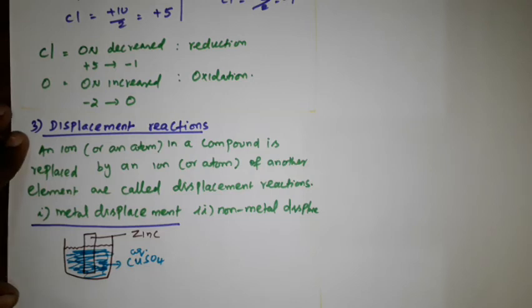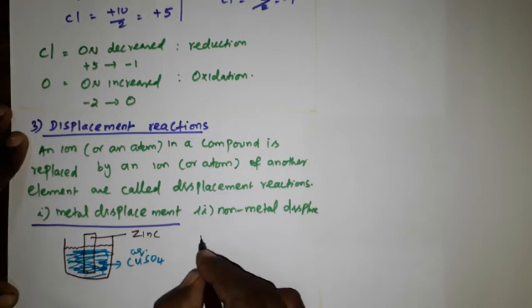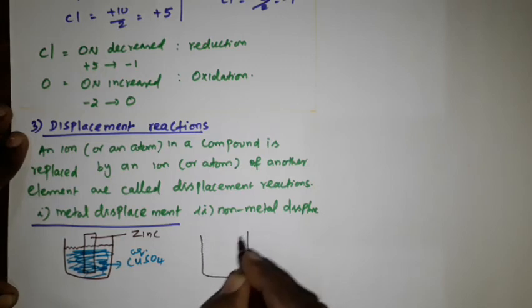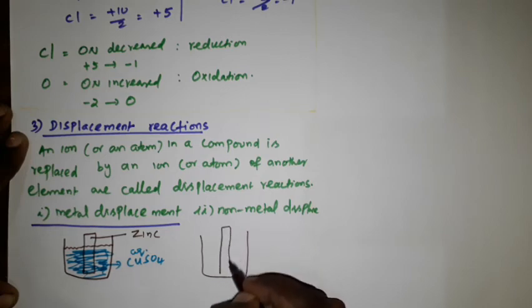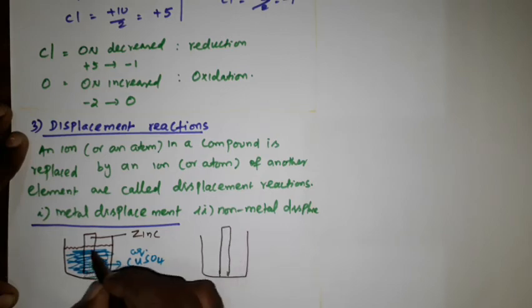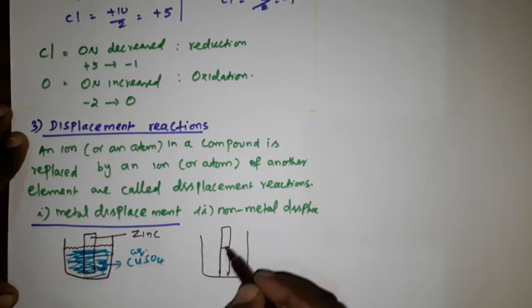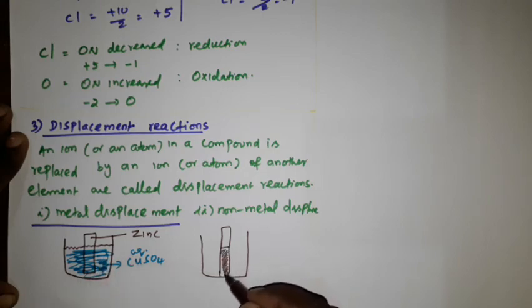After some time the intensity of the blue color will slowly reduce and finally disappear. Before, the zinc looks white in color. Then later the zinc will be coated with copper.